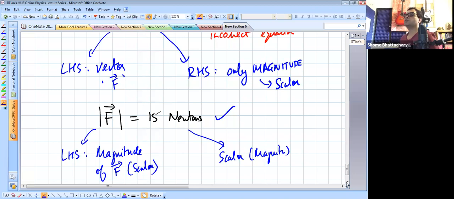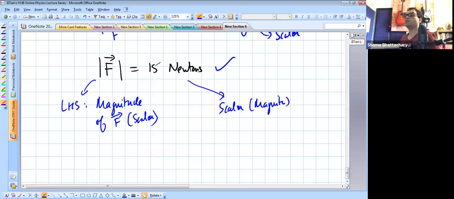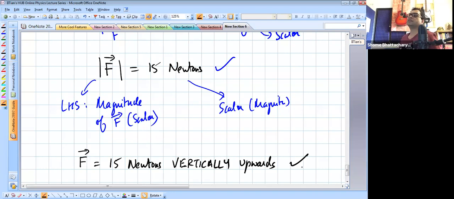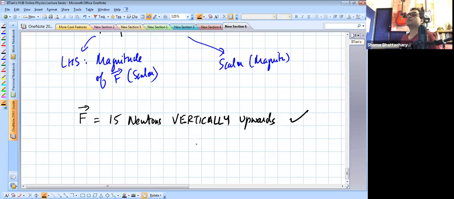Okay. Now before I give you time to note this down, how would I write the proper statement involving the vector? One way of saying that statement would be, if I write F is equal to 15 newtons vertically upwards. Now this is a correct statement, because on the right hand side I have both magnitude and direction, and I'm equating it with a vector on the left hand side.